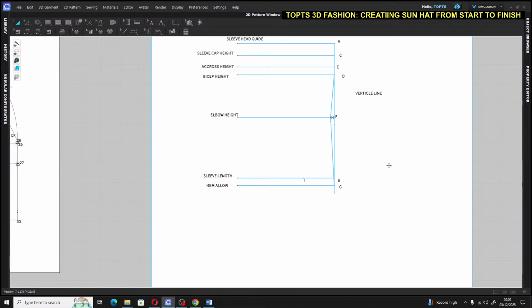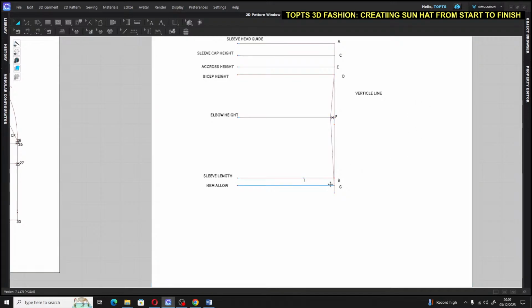So we are going to go to point B. Hemline slant, yes. We're going to slant it in this format.